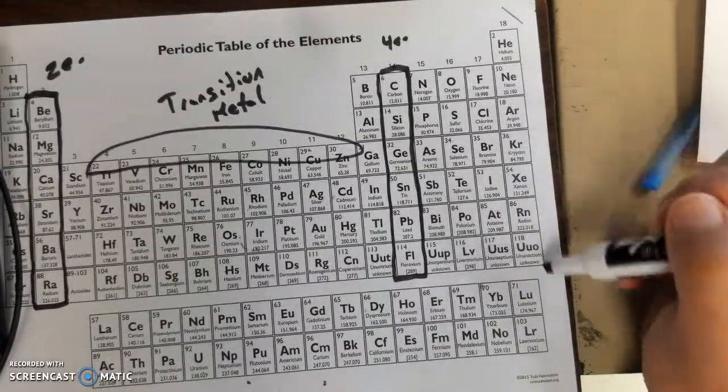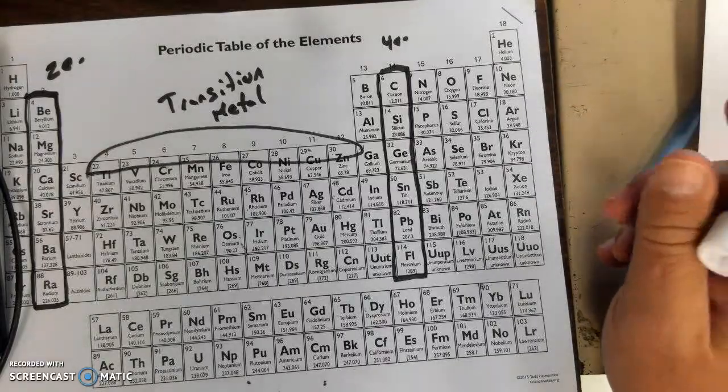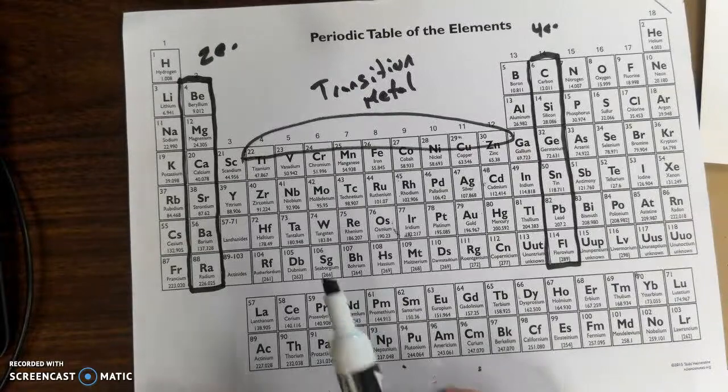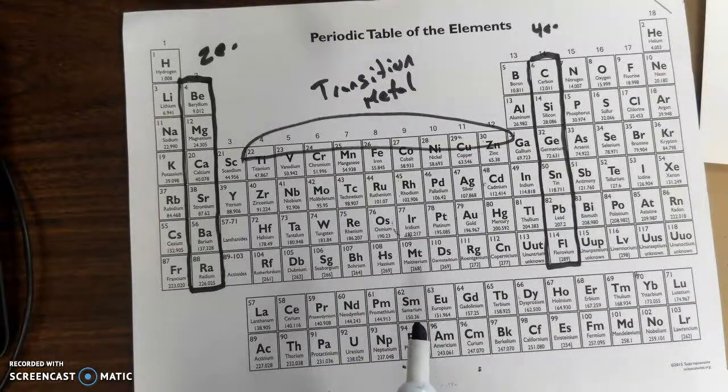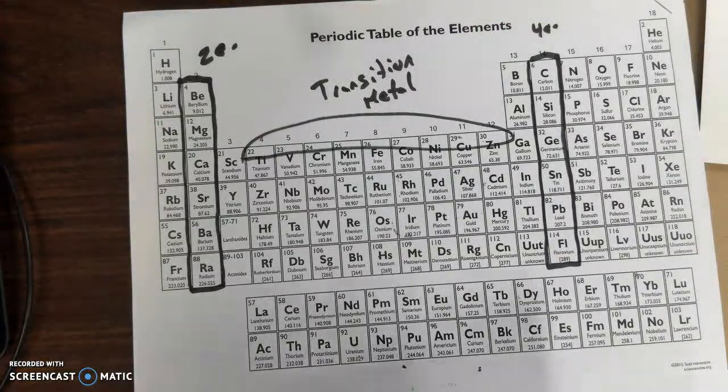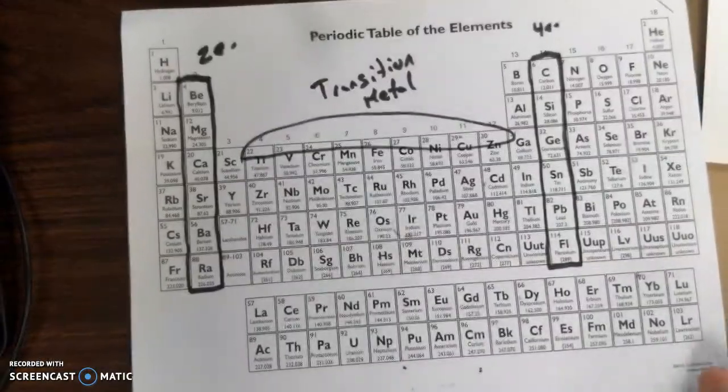And these guys are full. We'll get to that in just a second. But I skipped the transition metals because they're a little bit tricky and unpredictable. We'll get to that when we do our next unit. That's a little more complicated than I want to get into right now.